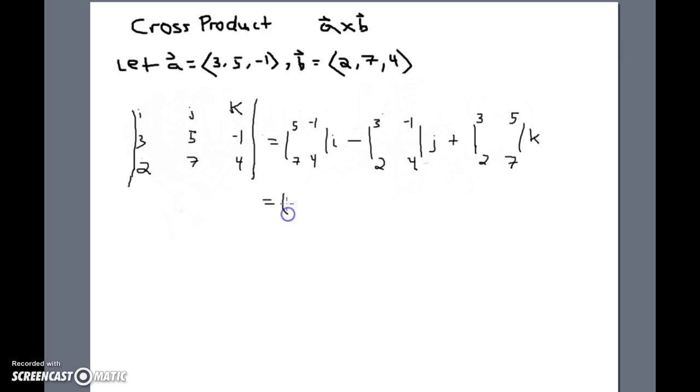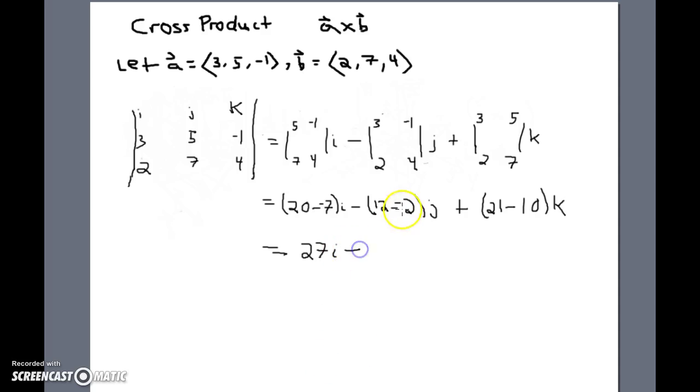So this is going to be 20 minus -7, minus, in parentheses, 12 minus -2 J plus 21 minus 10 K. So if we simplify each component, this would be 27I minus 14J plus 11K.